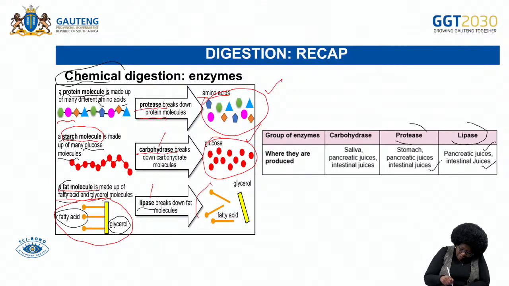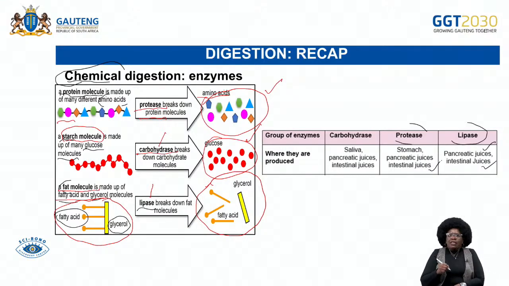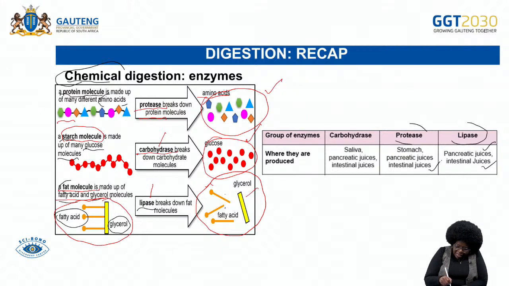This is such a simplified diagram, right? You can see that glycerol and fatty acids are now no longer one complex unit because lipase had worked or broken them down. But everything here, it is chemical digestion.